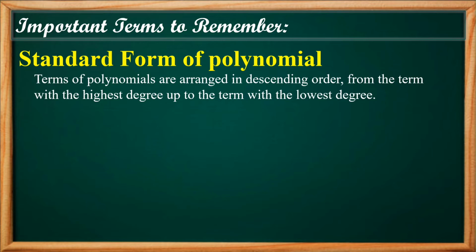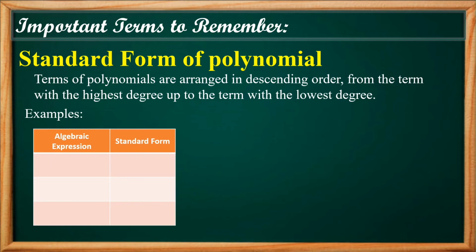Ano ba yung descending? Ibig sabihin ng descending, down. Ibig sabihin, from highest to lowest degree. From the term with the highest degree up to the term with the lowest degree. Galing sa pinakamalaking degree hanggang sa pinakamaliit na degree. We need to arrange.